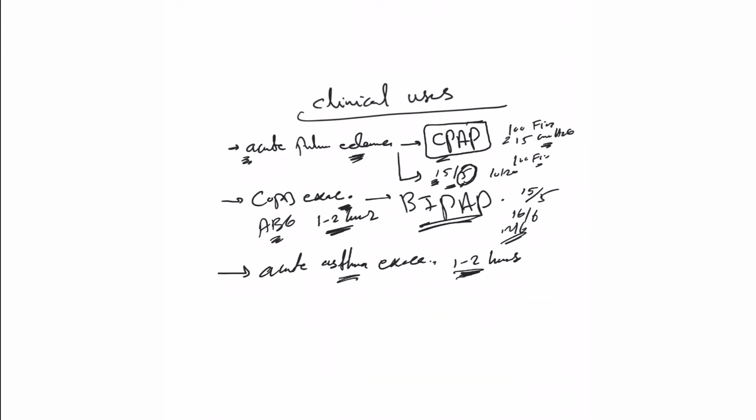Whereas I can use BiPAP for hours and days in COPD sometimes. And in pulmonary edema, if it's going to work, it works in a few hours, as long as you're treating the underlying problems properly. So these are the main acute indications for that.